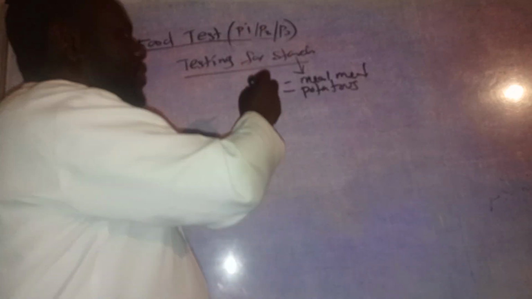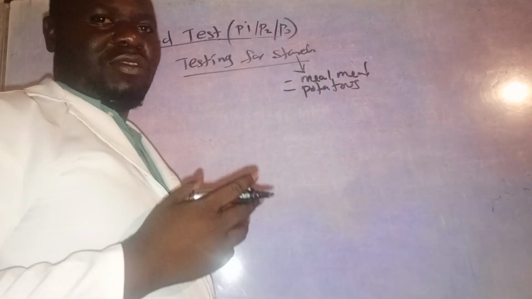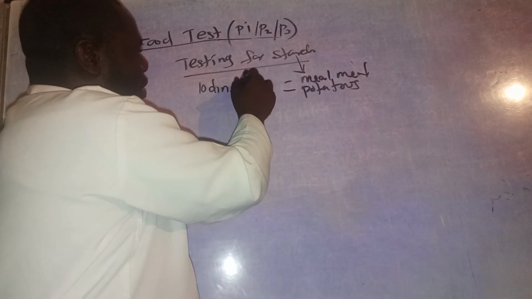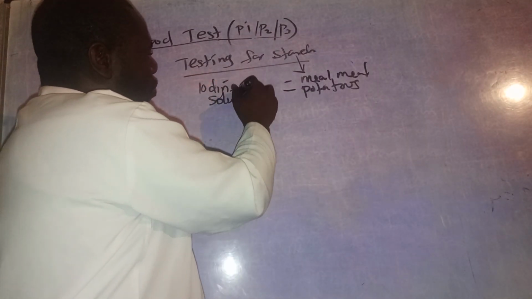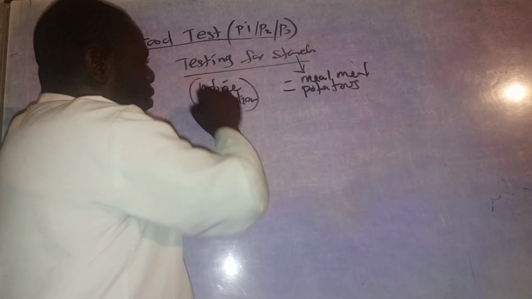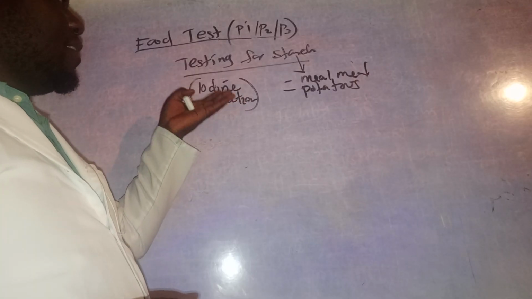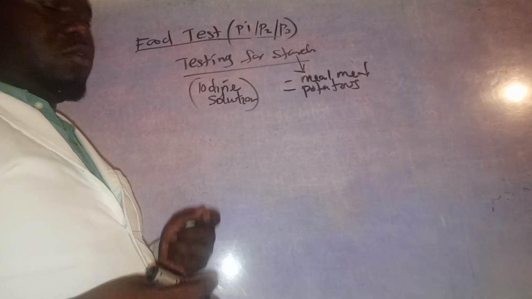Then we need to understand that the chemical that is used to test for starch is iodine solution. So if they ask you the name of the chemical which is used to test for starch, the answer is iodine solution.